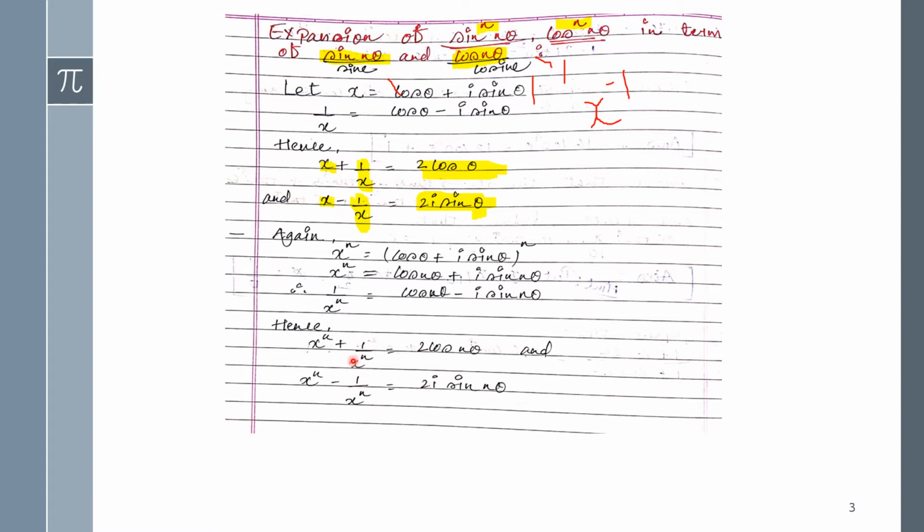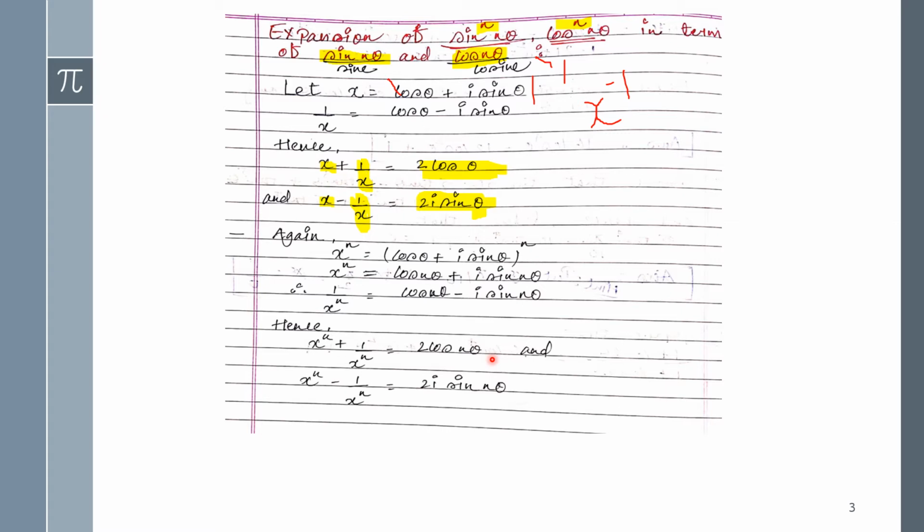So by adding both the terms we will get the answer in terms of cos, and by subtracting both the components we will get the answer in terms of sine function. So from all this theory, which part is important?